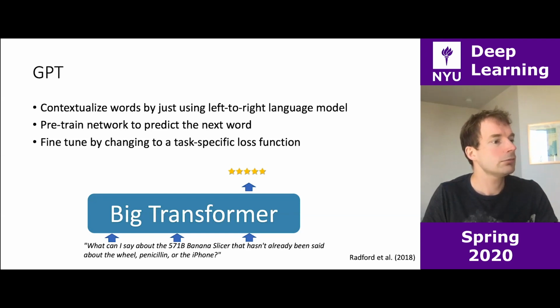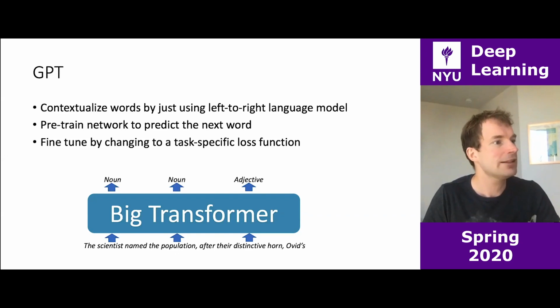So one of the really nice things about this approach called GPT was that it eliminated task-specific modeling. So now suddenly we have one model which we can pre-train, and we can then fine-tune this model to do basically any task we want that involves classification.